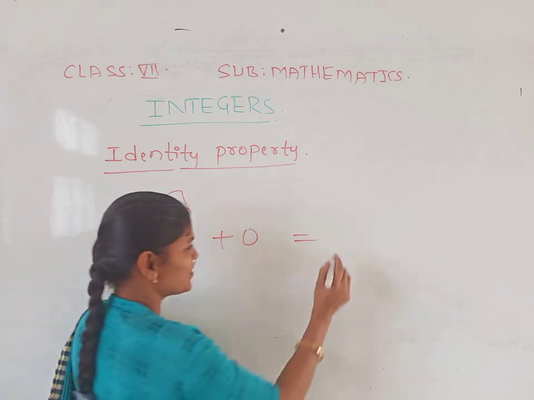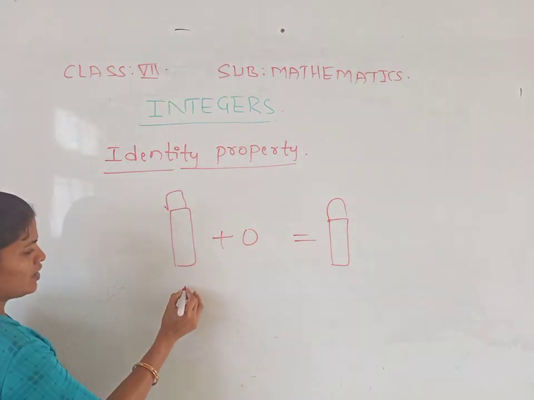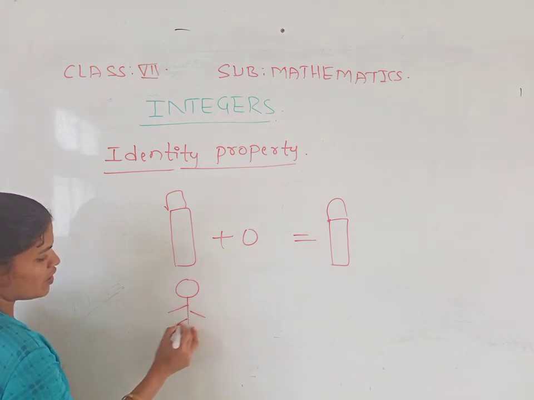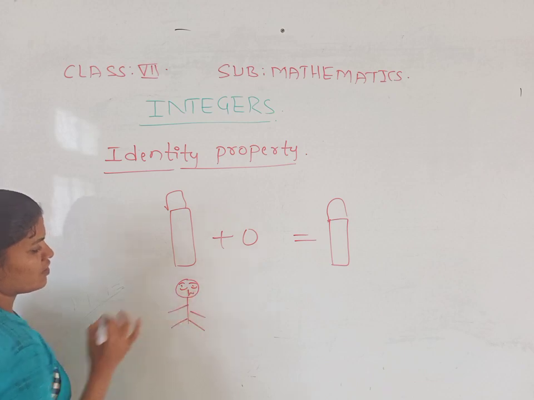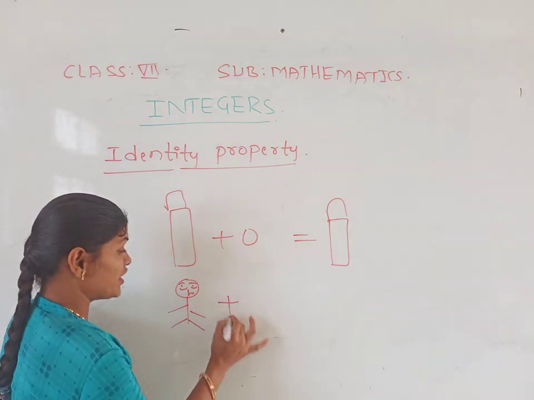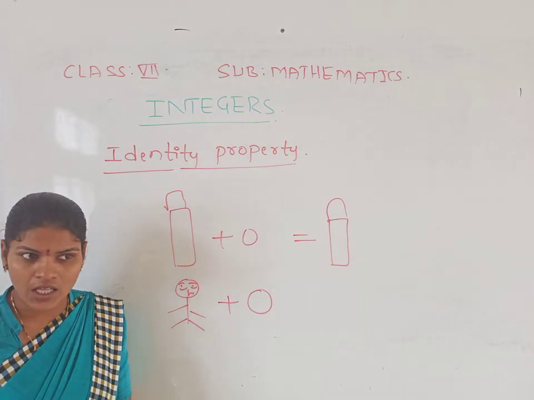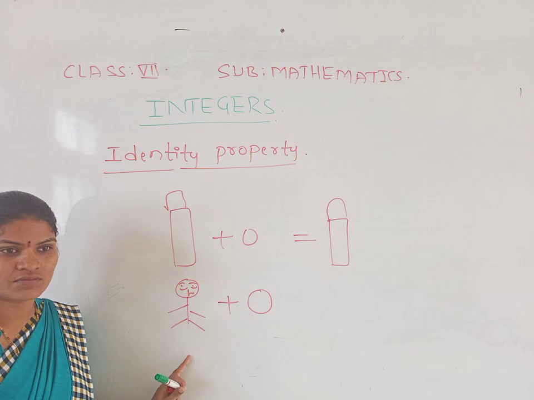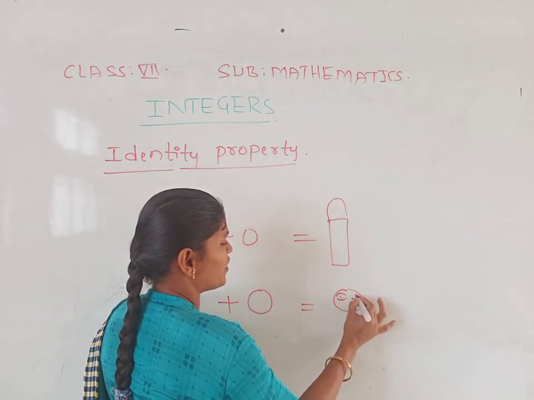I am adding 0 with one of the best boys in your class. Who is it? Rohan. I am adding 0 with Rohan. Again one more 0. Am I getting 0 or Rohan? Rohan only.